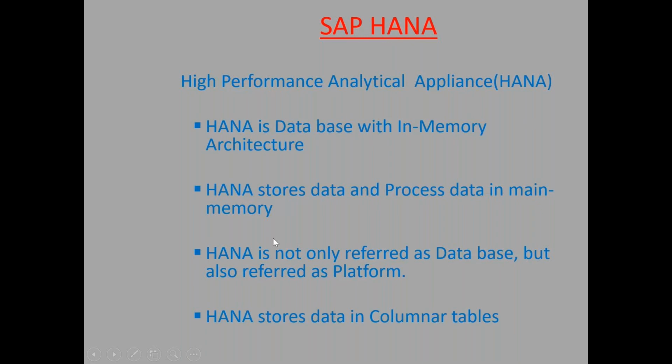Actually, SAP HANA is a database with a unique in-memory architecture. It is a simpler data modeling system compared to any other database. Generally, other databases store the data in hard drives, whereas HANA stores it in memory.